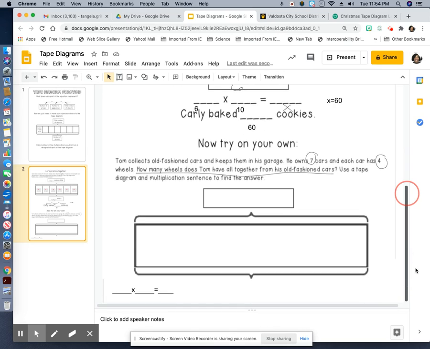All right, let me move this down. My number's up here. But we just did this problem, so we're not going to worry about that. We're going to keep going.